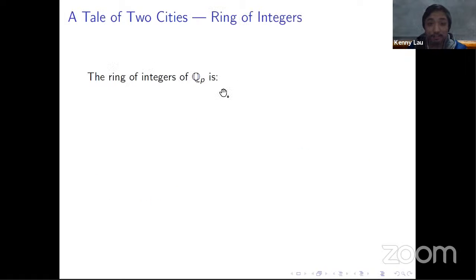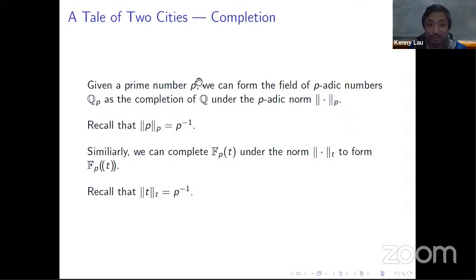Q_p and F_p((t)) we call local fields because they are completions of global fields. Q_p has characteristic 0, and F_p((t)) has characteristic p.